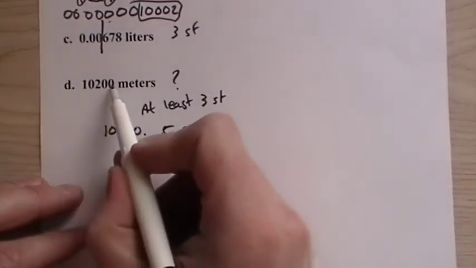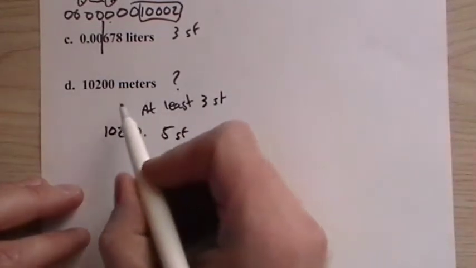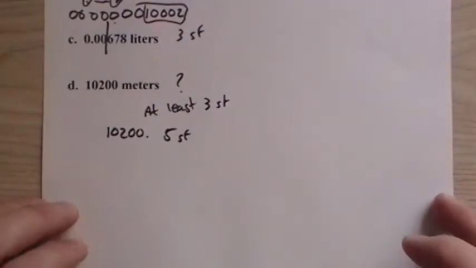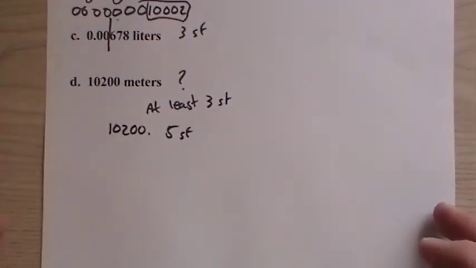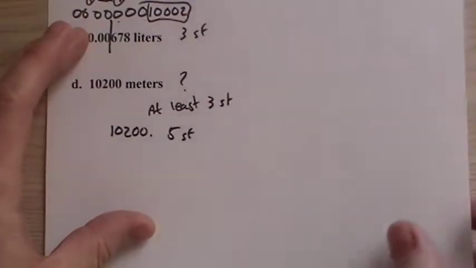But because these zeros may just be placeholders, they may simply be putting the 2 in the hundreds place where it needs to be. So the only way to know for sure is to go to scientific notation, because in scientific notation, the numbers that are present are always significant. That's the purpose of scientific notation, or one of the purposes.